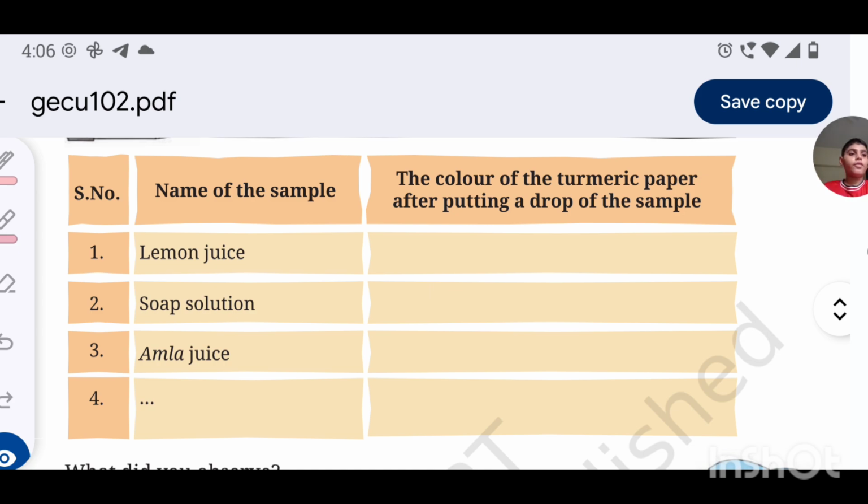Soap solution is not an acid, it is a base, so it will not be its friend and will turn red. Amla juice is acidic, so it is its friend. It will not turn and will remain yellow only. Fourth, we can add washing soda powder. It will turn red.